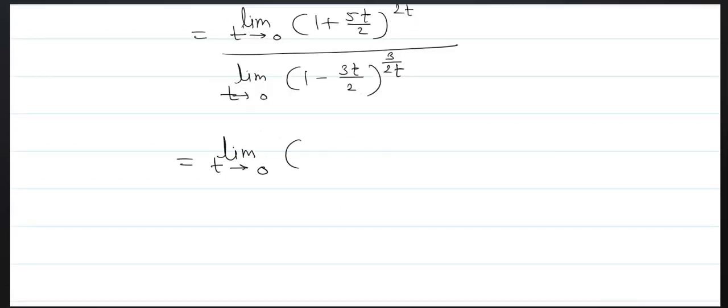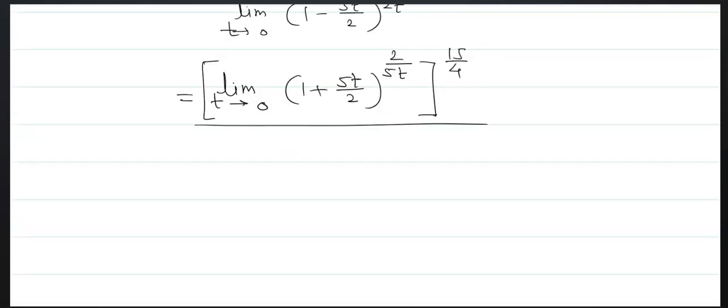Now this is the limit of the form (1 plus x) bracket raised to 1 upon x, or (1 plus 1 upon x) bracket raised to x. Adjust here their coefficients.